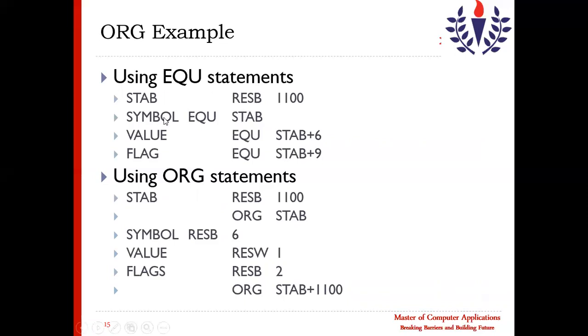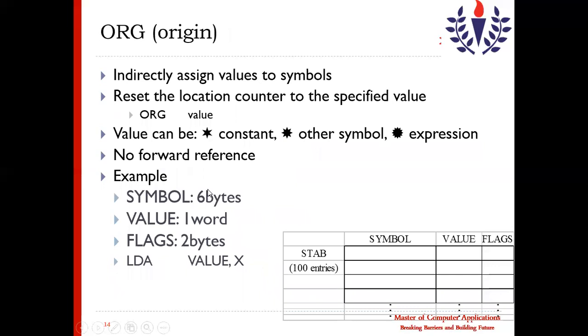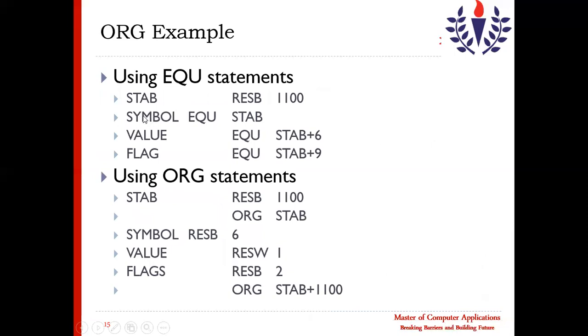So if we see here, the symbol will take 6 bytes. After 6 bytes our value symbol will get started. So our symbol will be from 1100, and after 6 our value will get started, and flag will be after 9, meaning the previous 6 plus 3, and then our flag will get started.